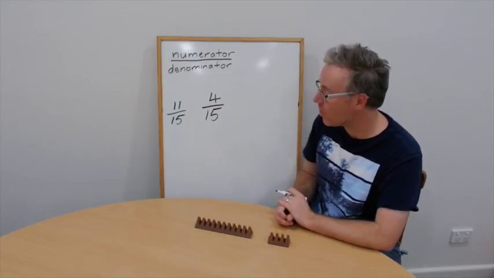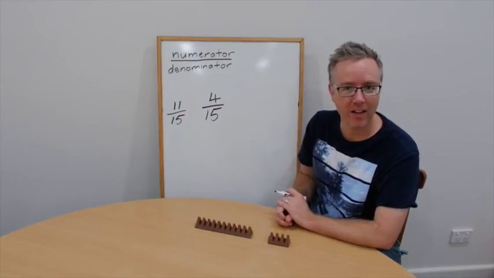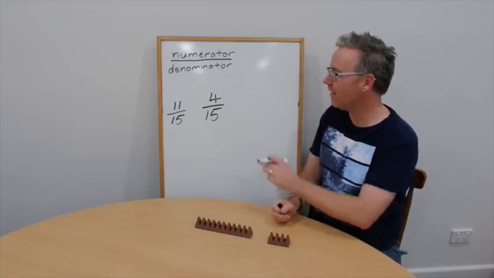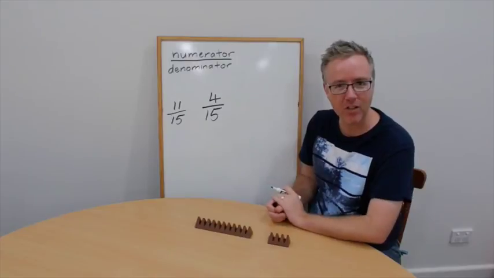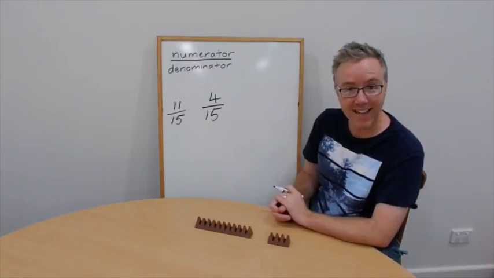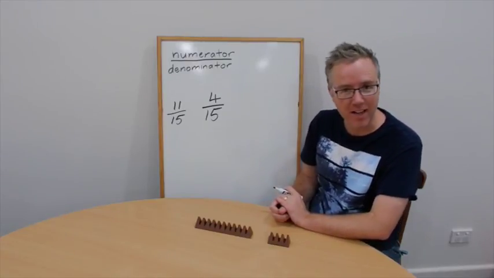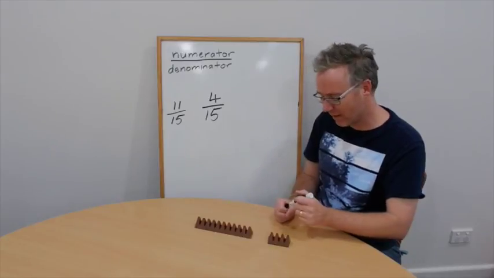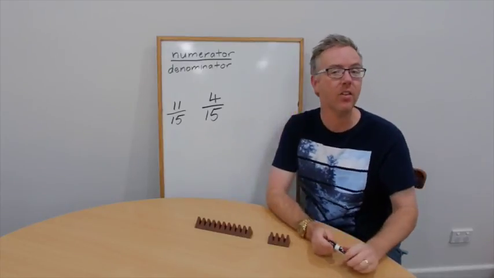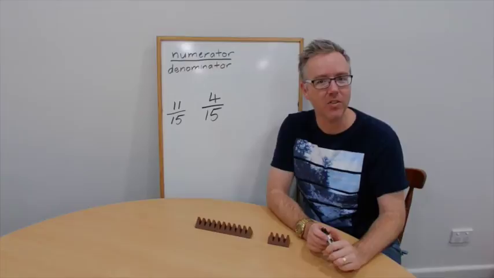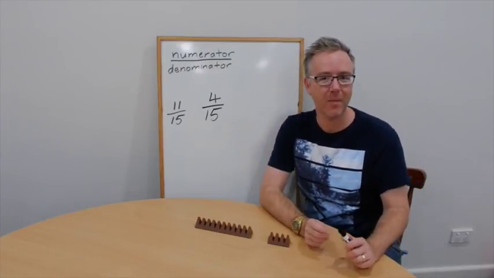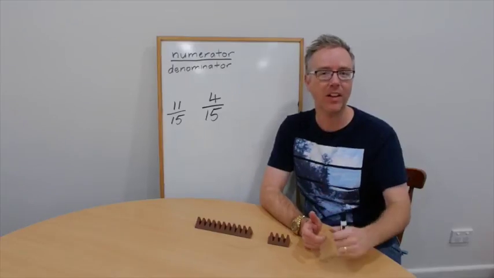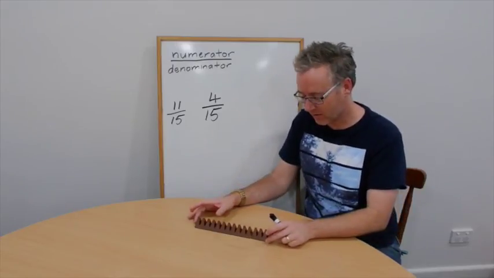Now you may have noticed in all of these past examples, the numerator, to be a proper fraction, has to be a smaller number than the denominator. So let me say that again. The numerator, the top number, to be a proper fraction, needs to be less than the denominator. If you don't realize that, go back, have a look at all the previous examples, and you'll see the only time that the numerator is equal, it is always a whole.